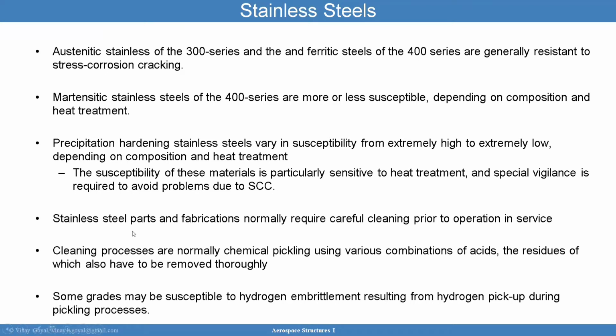And for stainless steel, you want to make sure you're cleaning the surface carefully, as an example. And austenitic tends to be resistant to stress corrosion cracking. And some grades of stainless steel could be susceptible to hydrogen embrittlement, and it could be picked up from the processing.